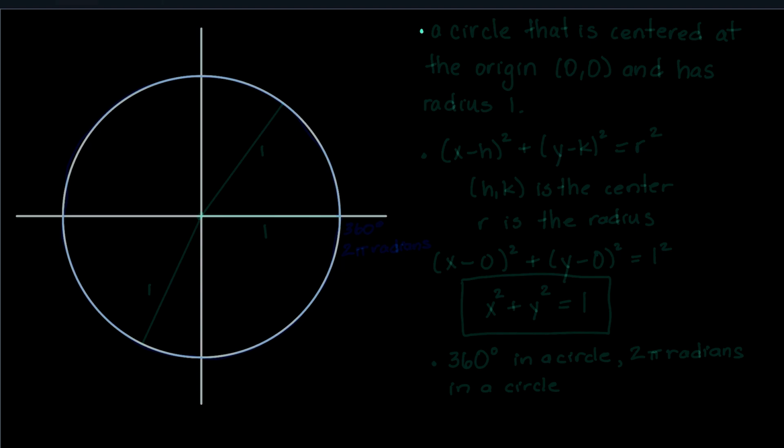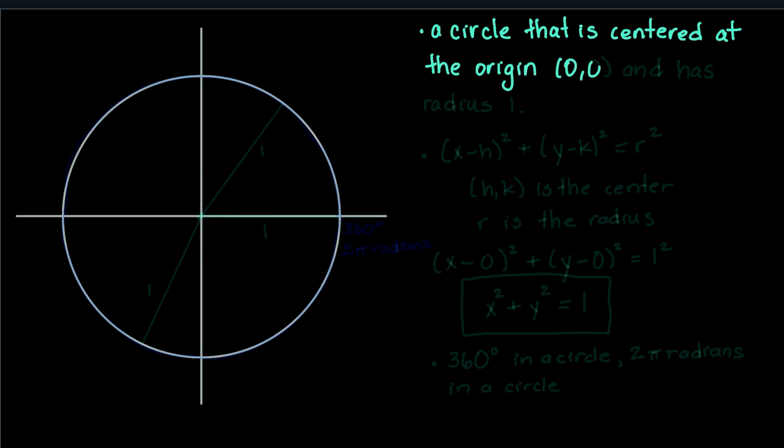The unit circle is a circle that is centered at the origin. And we know the coordinate point for the origin is 0, 0 and has radius 1. So what does that mean?